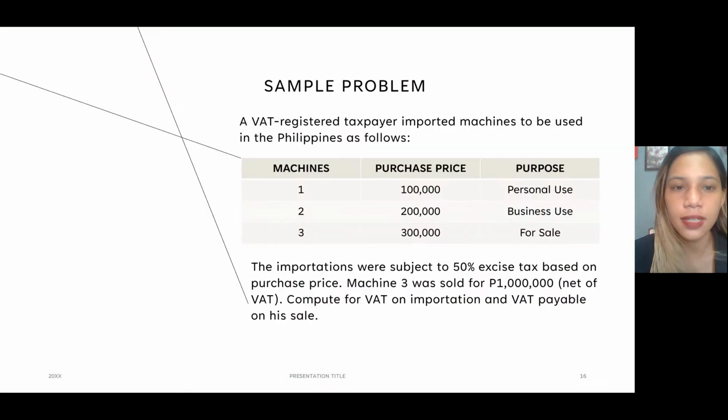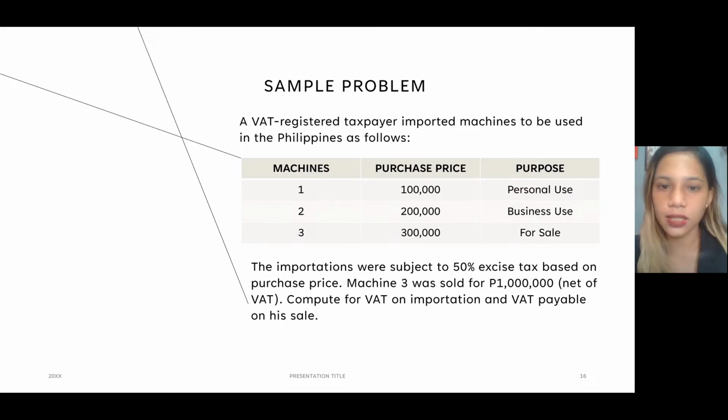Now, this is the sample problem. A VAT-registered taxpayer imported machines to be used in the Philippines as follows. We have here machines 1, 2, and 3 with their purchase price and purpose. Machine 1 is 100,000, machine 2 is 200,000, and machine 3 is 300,000.